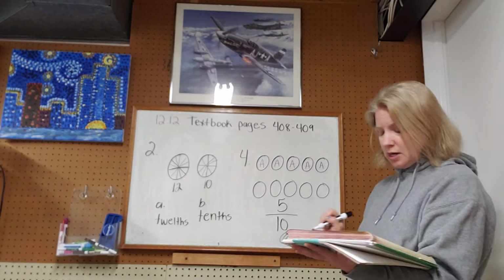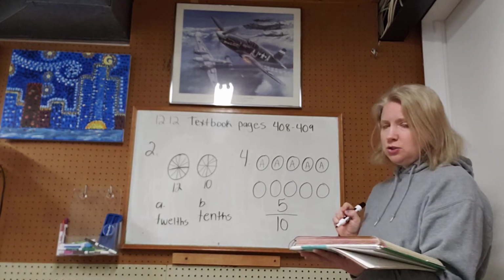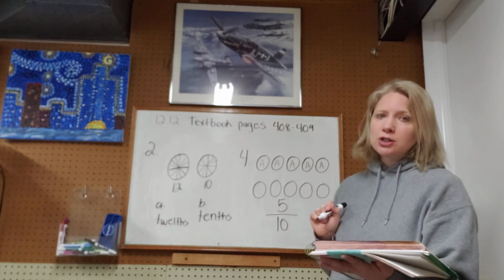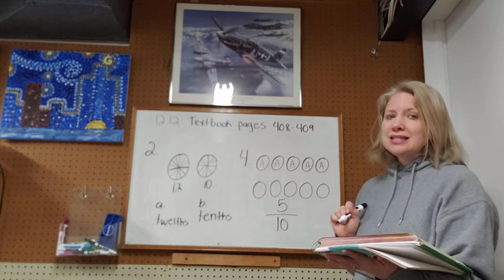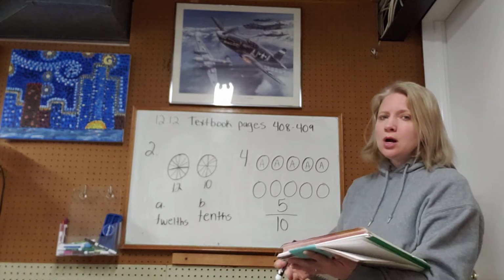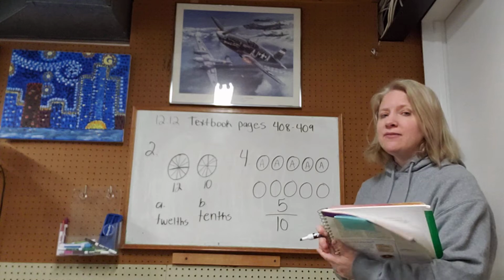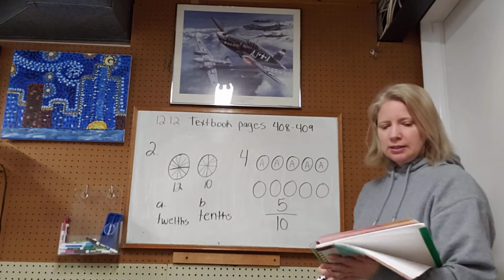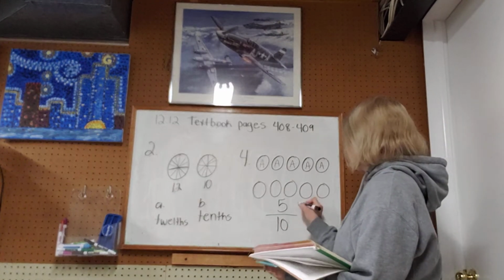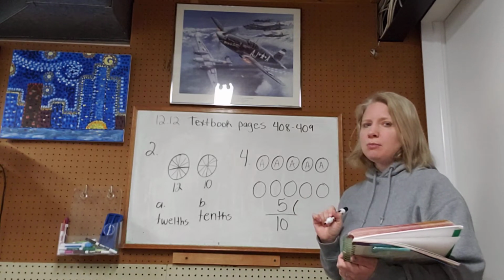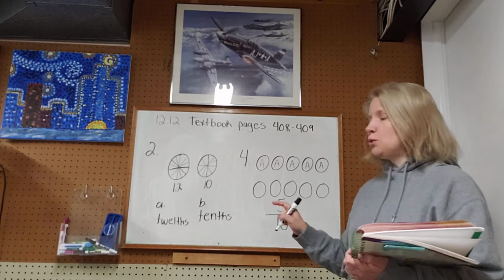So 5/10 is your answer, and we can reduce that fraction. Remember, we can look at our fraction strips to reduce to the simplest form, or we can do it mathematically by looking at the common factors. So let's look at the common factors first. To find the common factors, you think what 2 numbers multiplied together gets you that number.